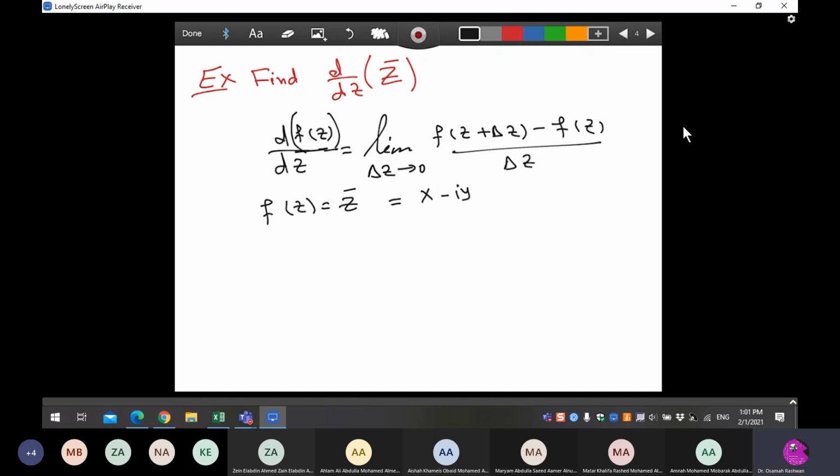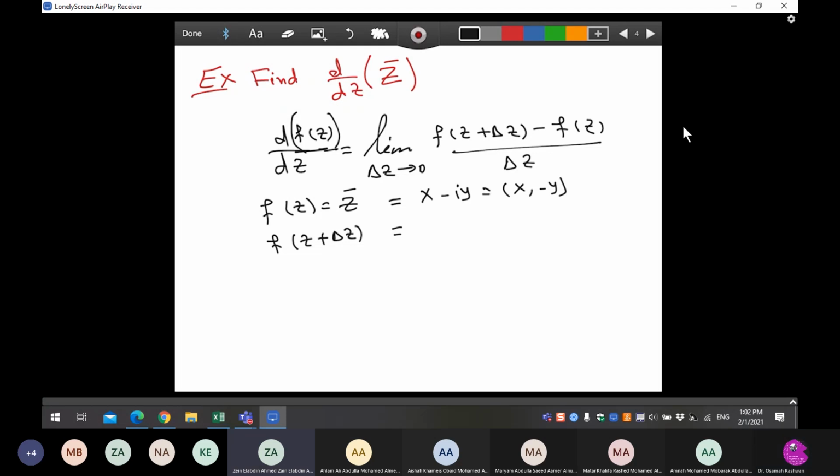You can write it like x and minus y to make it simple, right? What about f of z plus delta z? It means what? Can you tell me?